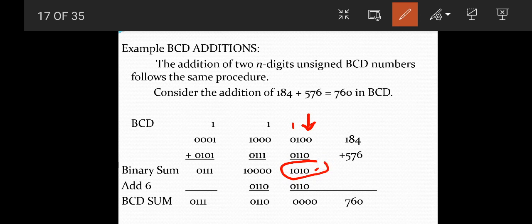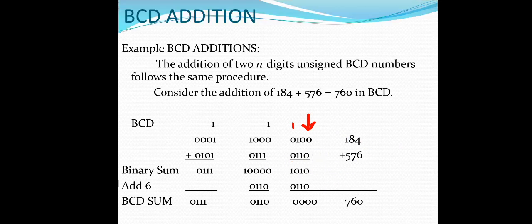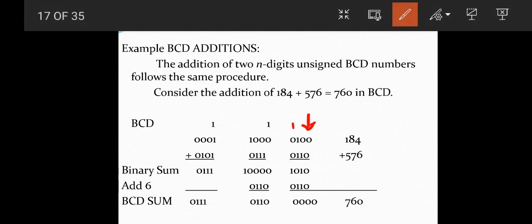Why? Because this will serve as 10. So in BCD, if your binary sum is greater than or equal to 10, it is invalid. So all you have to do is to add 6, to make it valid.